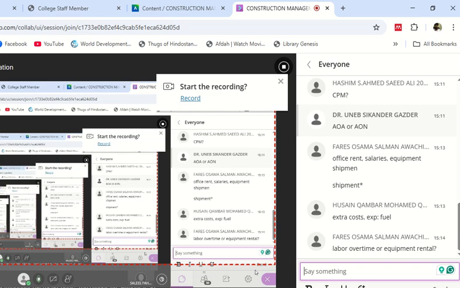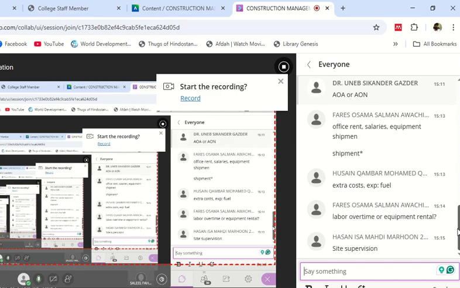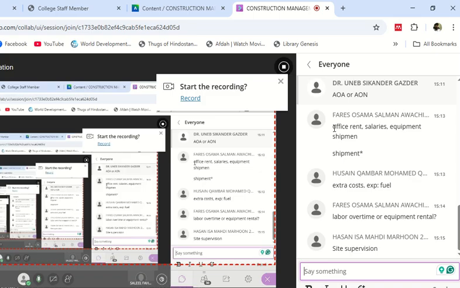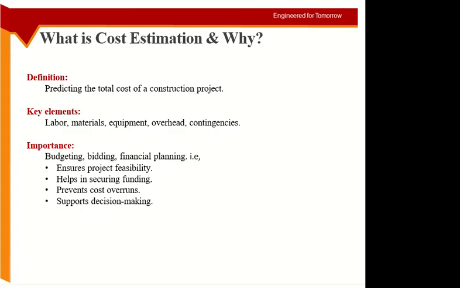The other things you mentioned, site supervision, are part of labor cost, manpower. But the overheads are these things: office rent, salaries, any shipment cost, fuel cost. Any software you are using, any subscriptions, and so on.